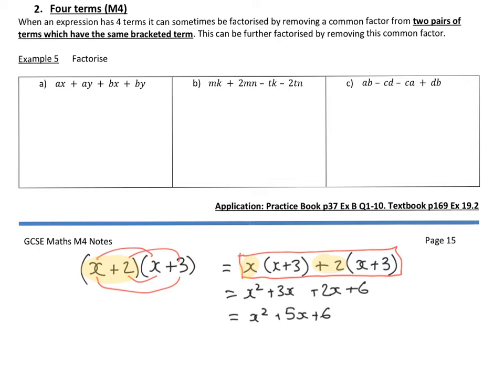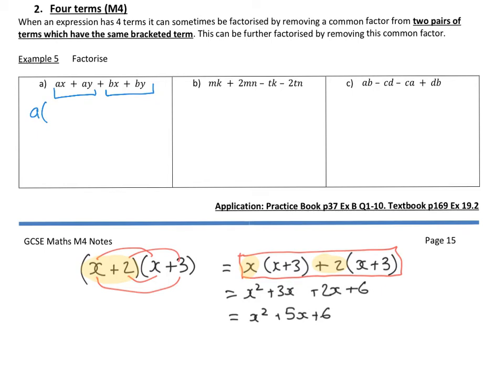So with 4 terms, like we have in example A, what we try and do is factorise them in pairs so that they have the same bracket. So if we have AX and AY and BX and BY, and we split those into their pairs, between AX and AY there's an A common.